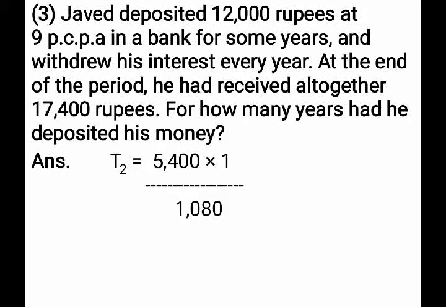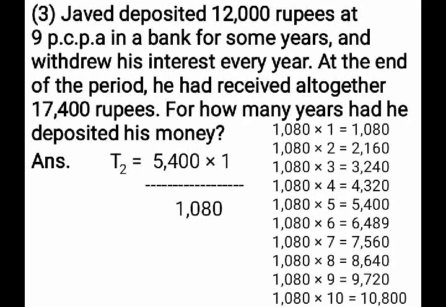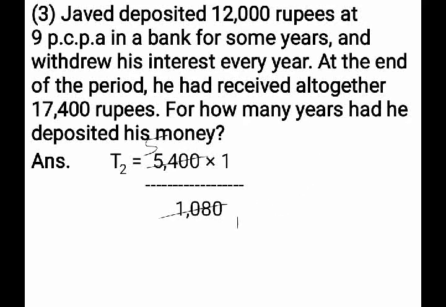I wrote the table of 1080. 1080 5s are 5,400. Now you have to do the cancellation. 1080 ones are 1080, 5s are 5,400. Therefore T2, that is time 2, is equal to 5 years.